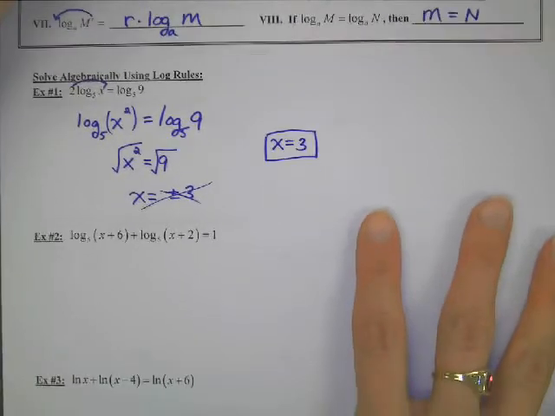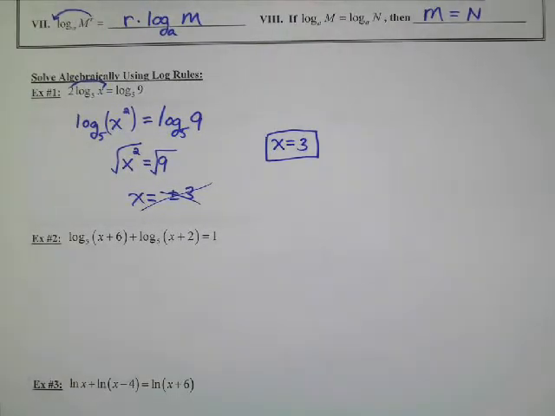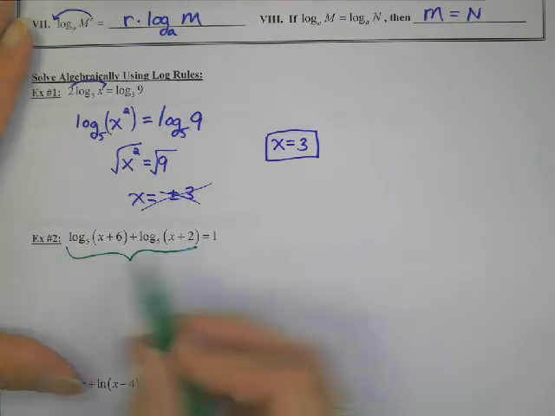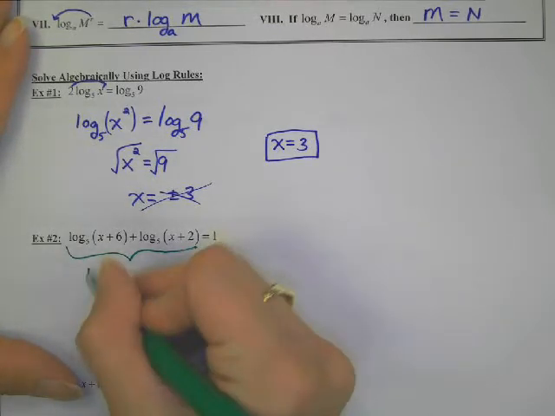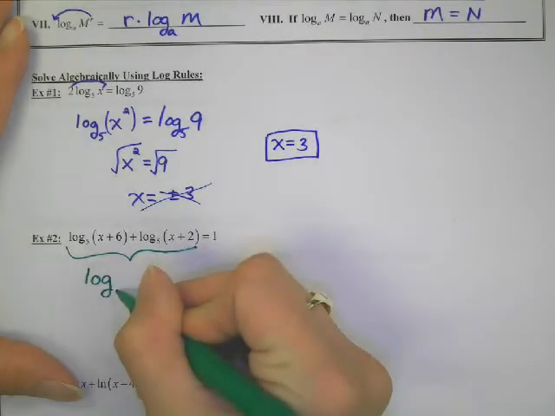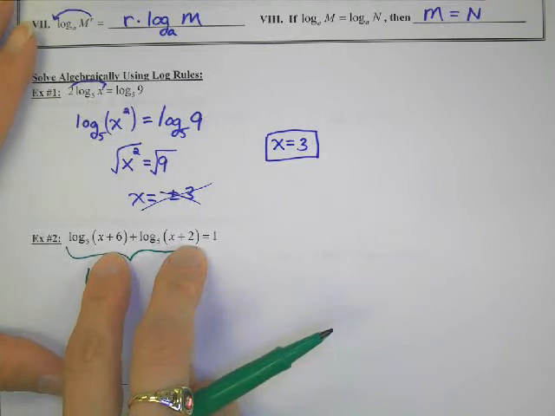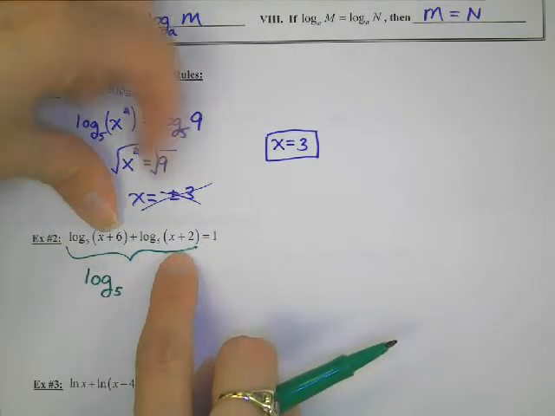Wow, this example has a lot of logs. When there's logs all over the place, it might be a good idea to combine them. So let's go ahead and put these two logs here together. Since they're both base 5, you can combine two logs to make one log with base 5. Now, what am I going to do to those ofs? Since the logs are being added, you're not going to add the ofs.